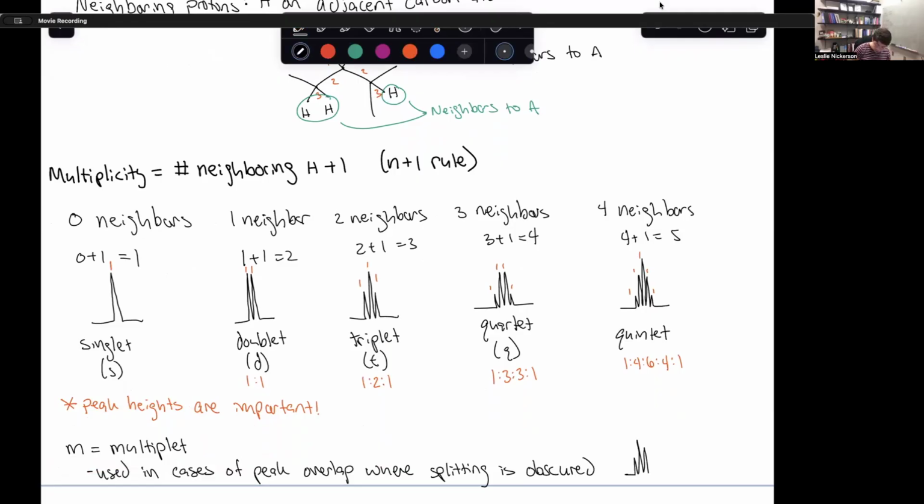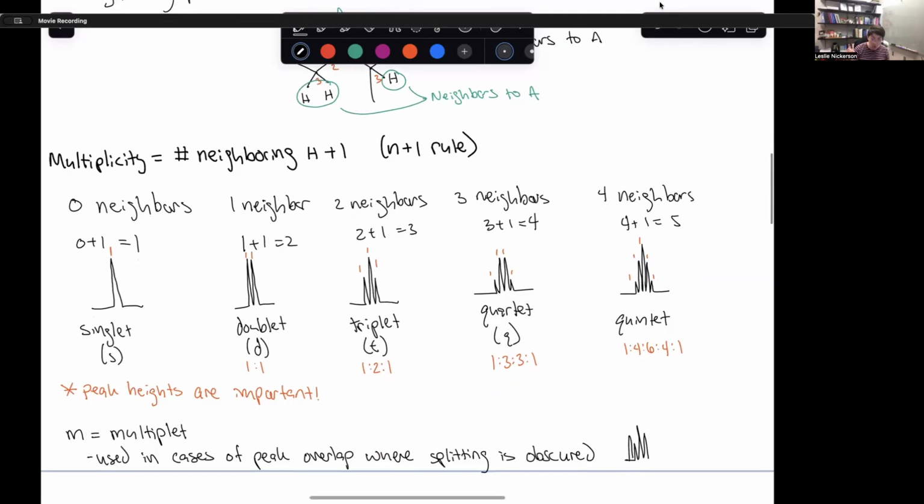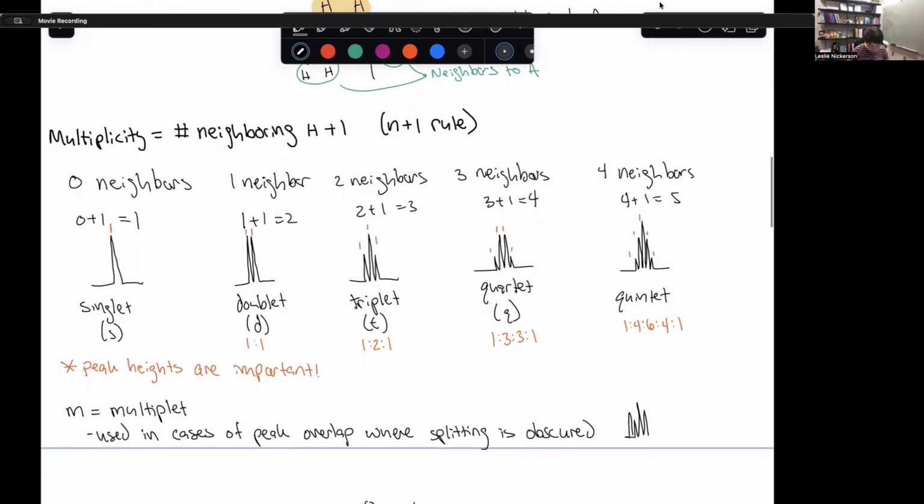Something like that might be shown as just a multiplet because it's not really clear what it is. There's definitely some obscuring going on here. It's not a clean doublet, triplet, or any of those types. So overlapping peaks will frequently be labeled as multiplets. Sometimes you can tease it out, but it very much depends.